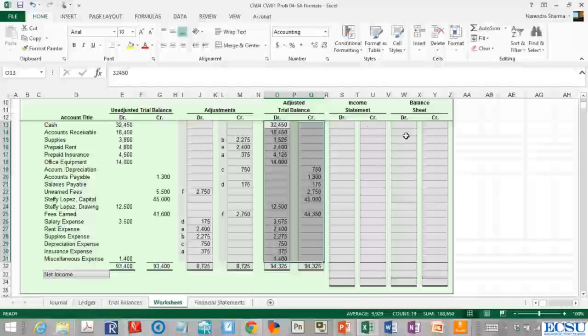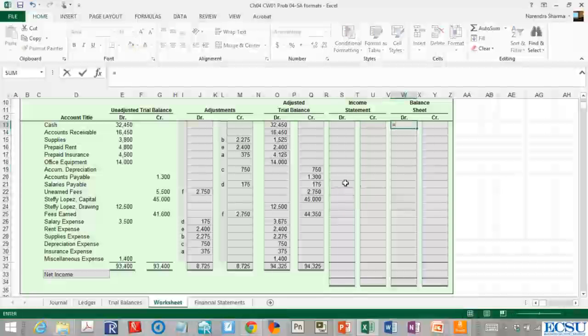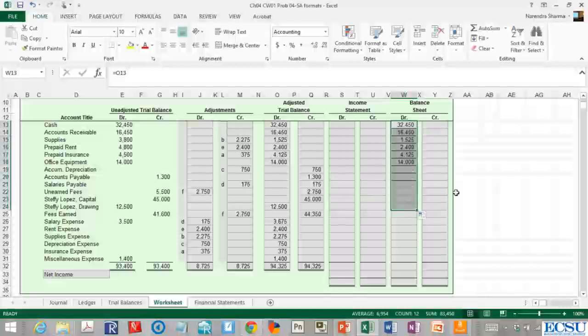So let us take all the balance sheet items first. I will be copying these till the drawings amount.